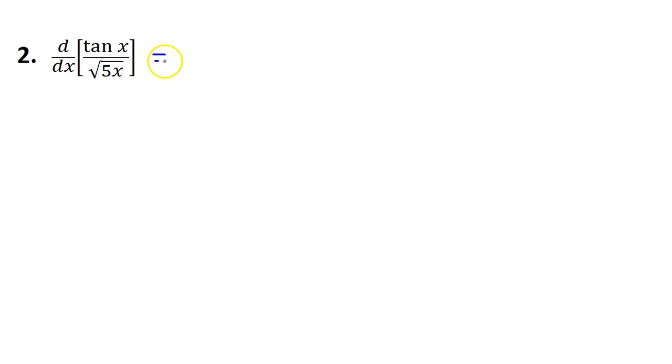However, I would rewrite this a little bit before applying the quotient rule because the square root of 5x is a function inside of a function, and we haven't learned how to deal with that yet. That's going to be something called the chain rule, which we will learn in a video coming up soon. But for now, I would rewrite this as the derivative of tangent x over, I'm just going to split these apart.